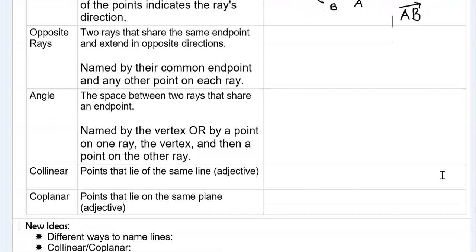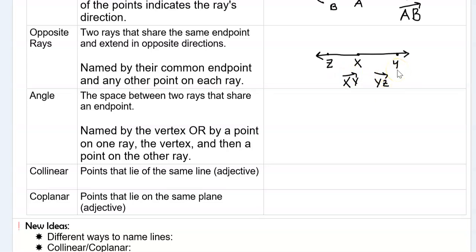Our last two figures that we're going to learn, we have opposite rays. So opposite rays are two rays that share an endpoint and extend in opposite directions. So maybe they share point X, this is point Y, and this is point Z. Then I would have ray XY and ray YZ.